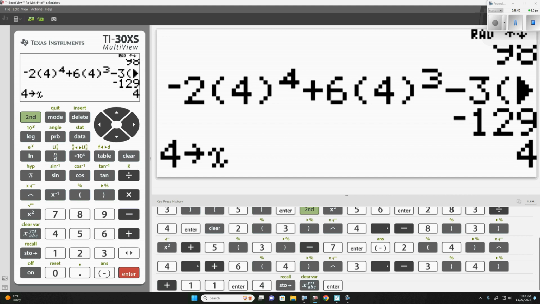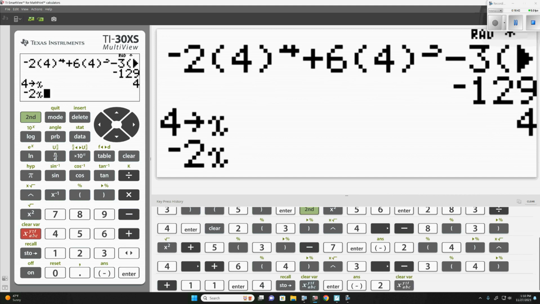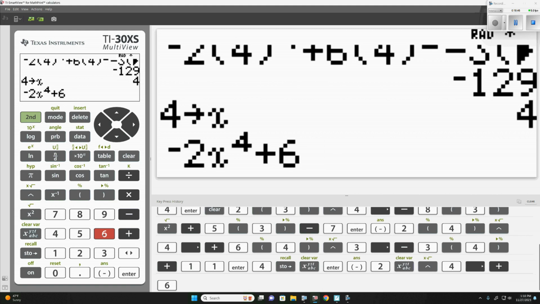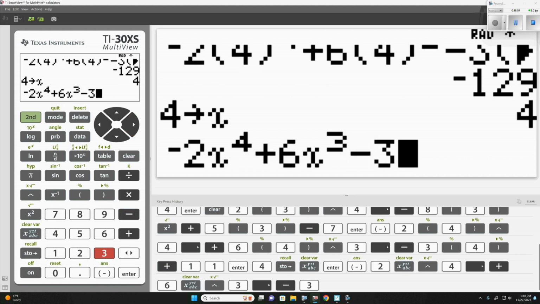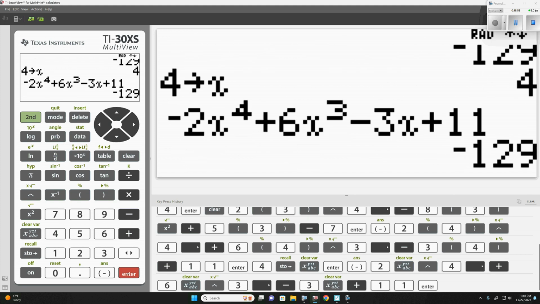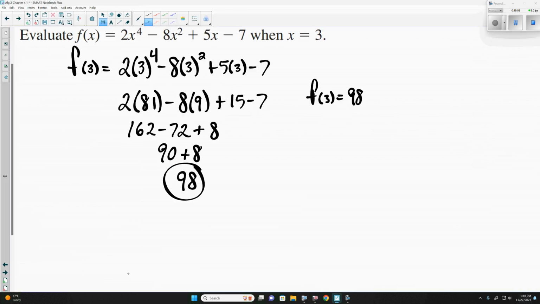We can say negative 2x to the fourth plus 6x to the third minus 3x plus 11. Negative 129. Or we can type it in. Either one works.